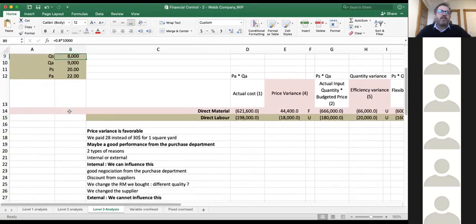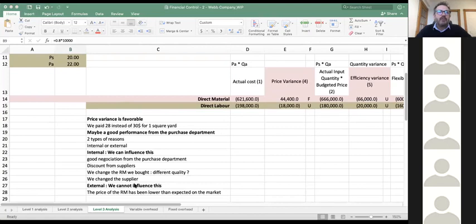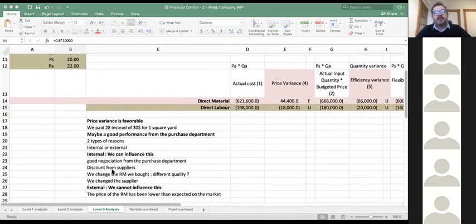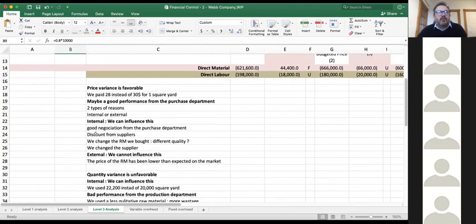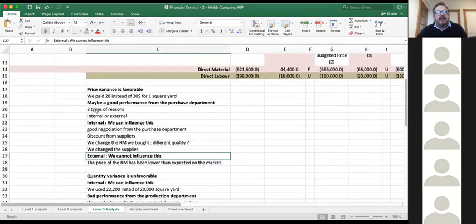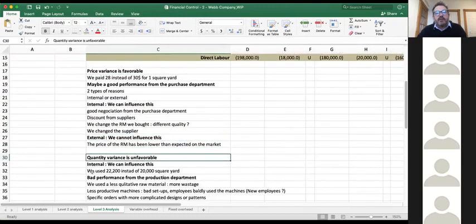Okay, so we have only 2 minutes left, so we don't have enough time to make the interpretation. So I would like you for tomorrow to try to mark down a few potential explanations using the same way, internal, external, for the price and for the quantity, but for the human resources.